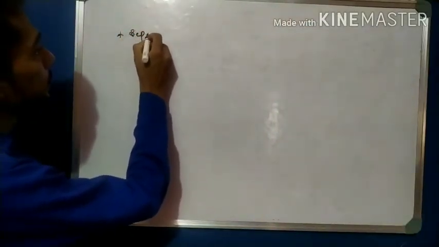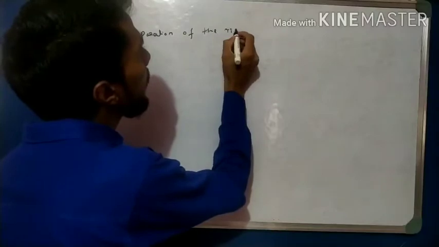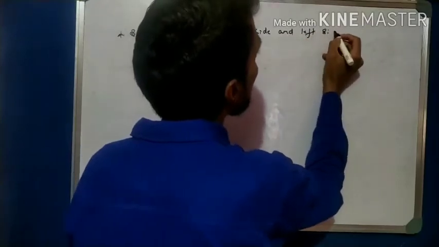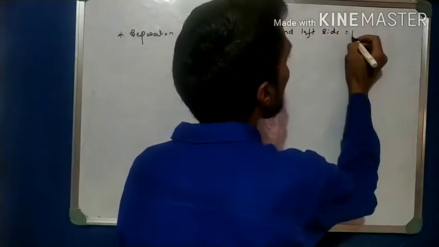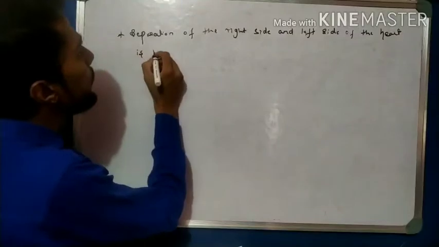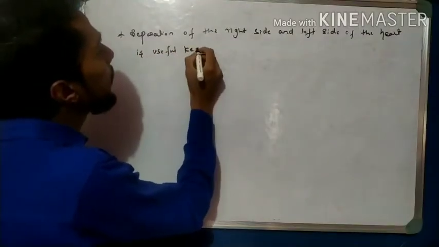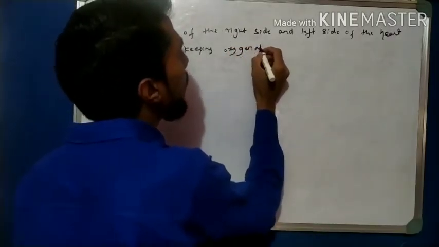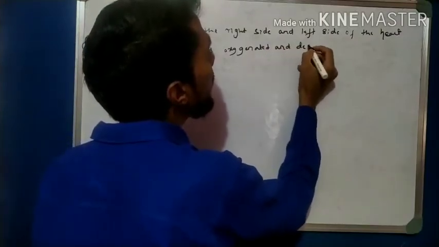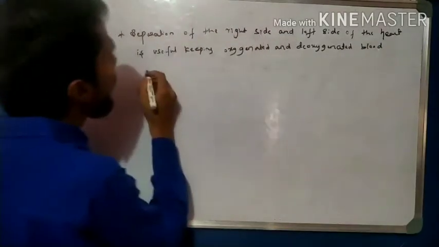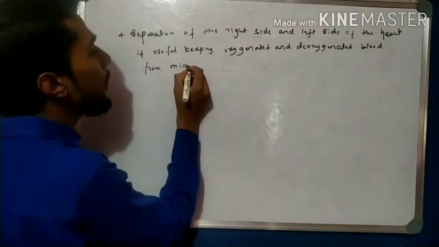Points. Separation of the right side and left side of the heart is useful in keeping oxygenated and deoxygenated blood from mixing, right?